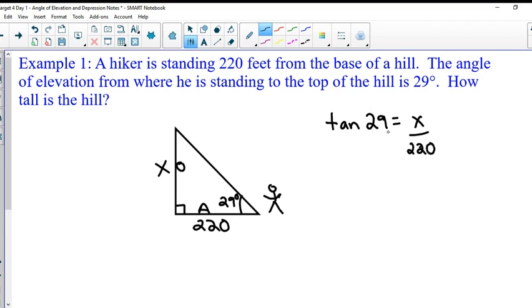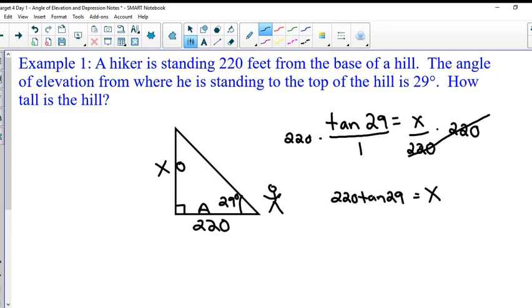Okay, remember we simply put this side over 1 and we are going to multiply both sides by 220. The 220s are going to cancel out over here. We are left with x, and now we have 220 times tangent 29. This is where you're going to pick up your calculator and you are going to plug this into your calculator exactly how you see it.